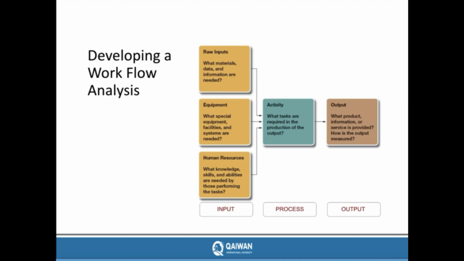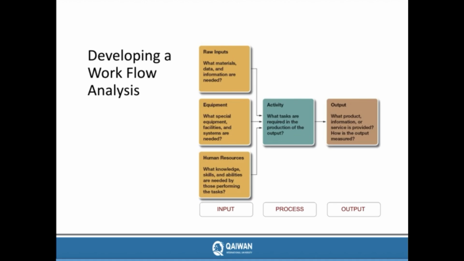Now we move to the second part, which is the process. The process means the activities or tasks that transform input into something useful. For example, in a restaurant, the process includes preparing food, cooking and serving. In a university, it includes teaching, explaining, giving assignments, evaluation and assessment.